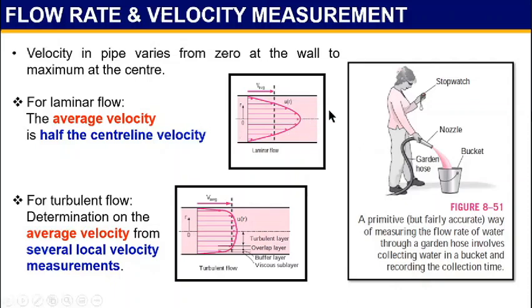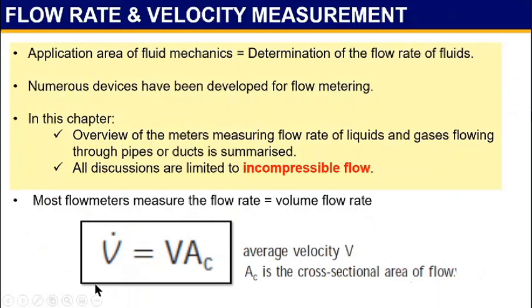Okay, so this is one example of flow in the pipe, and it's a very good example of a laminar flow. So in order for us to calculate the volume flow rate V dot here, we have to determine the average velocity and also the cross-sectional area.